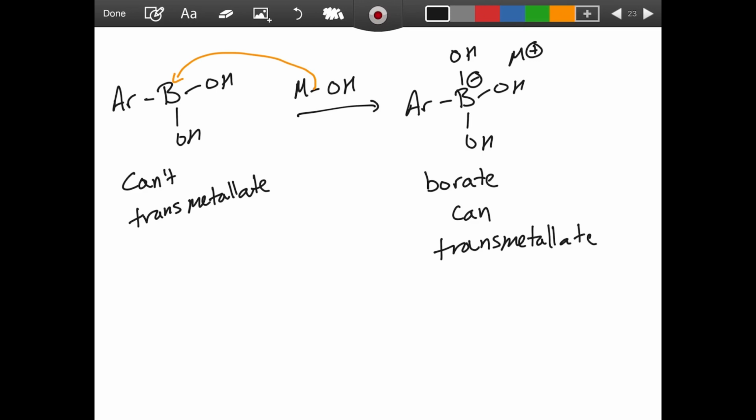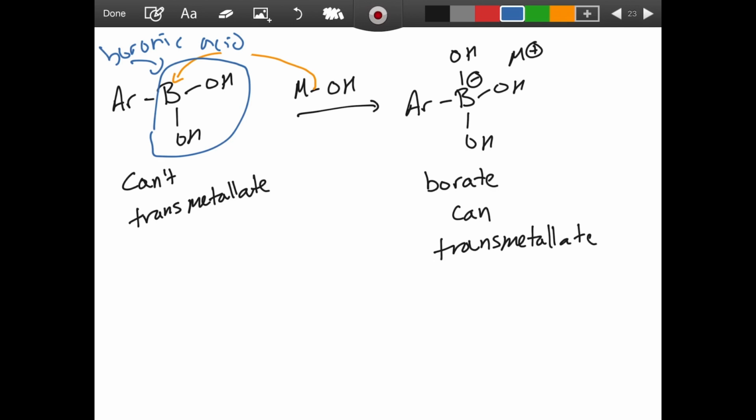The boronic acid, which is what this is. Here we go. So this is a boronic acid. The boronic acid can't transmetallate. You can't get the palladium to replace the boron on that aryl group.